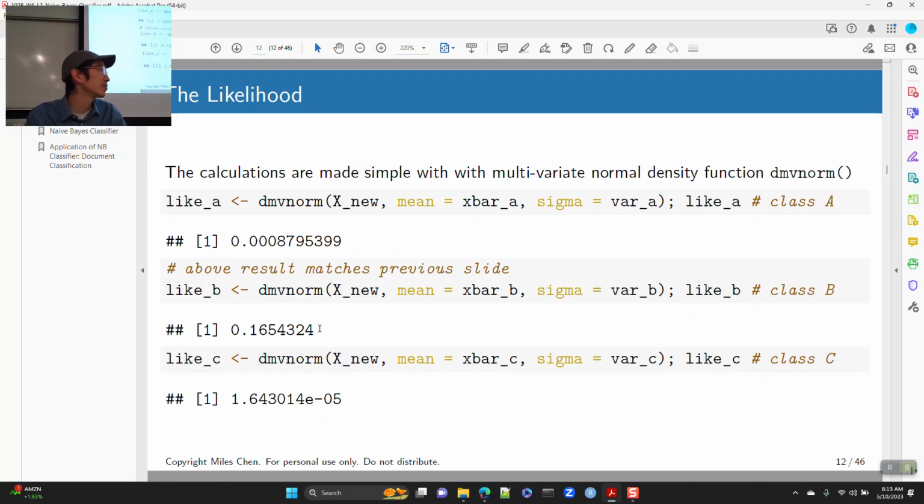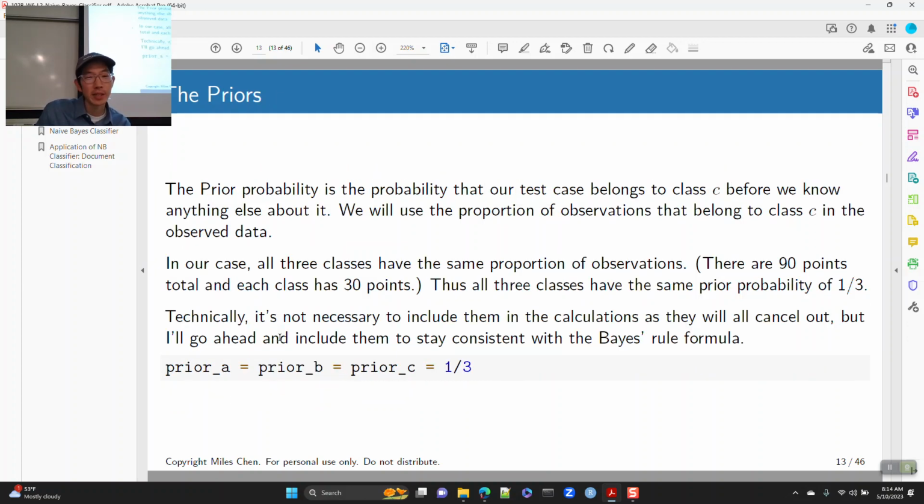So PDFs can produce values over 1. PMFs cannot, because the sums have to add up to 1 and you have a discrete number of terms. Cumulative distribution functions cannot go over 1; they will equal 1 as you go to infinity. Anyway, we have these likelihoods, and in our case our density doesn't go over 1. It's 0.165.